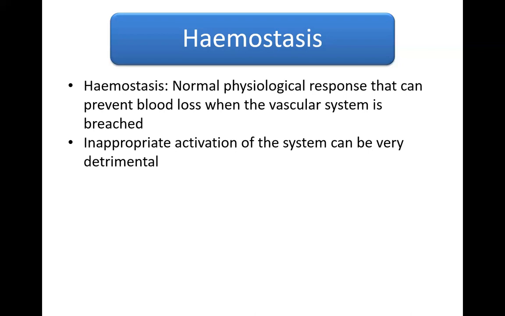But the problem happens, so that was normal physiology. We will discuss the normal physiology again anyway, but the problem happens if there is any problem with the system, either any problem with the vessel wall or any problem with the platelets, they can be low, they may not function normally, or they can get activated inappropriately, okay?